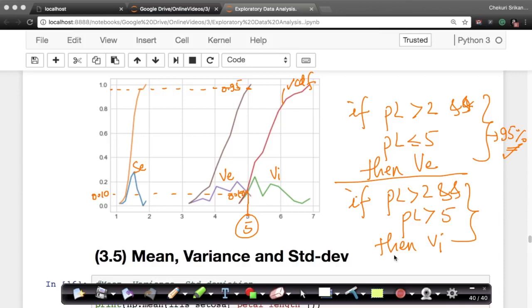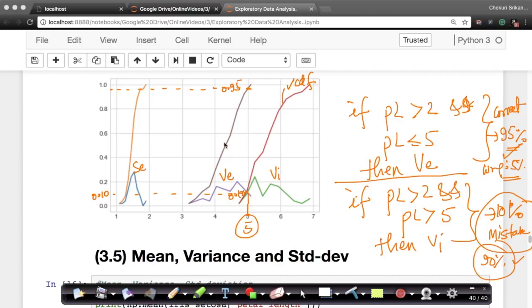Which means if I use this rule, 10% of the times I'm going to make a mistake here. So here I'm going to be correct 95% of the times and incorrect 5% of the times. Here 10% of the times I'm going to make a mistake for virginica, and 90% of the times I'm going to be accurate.